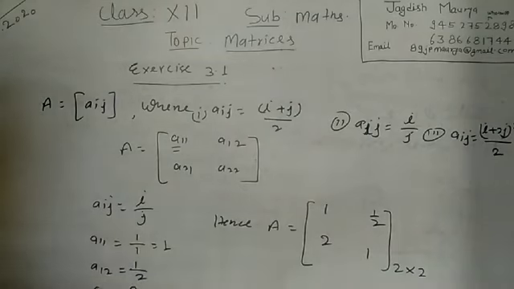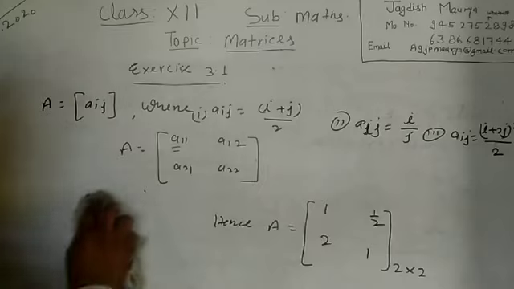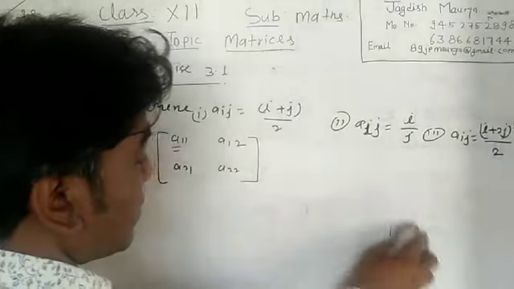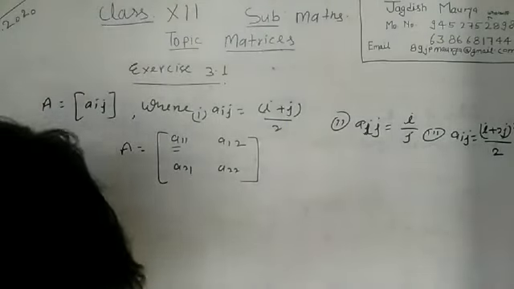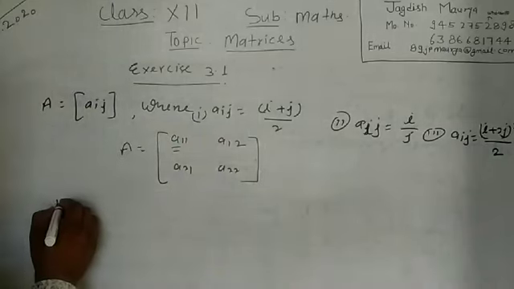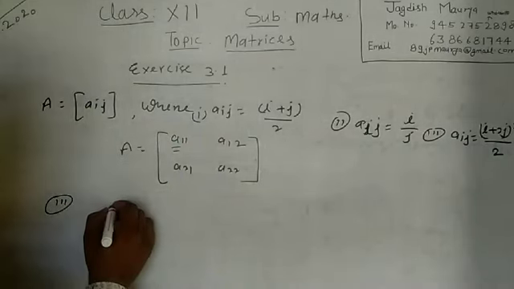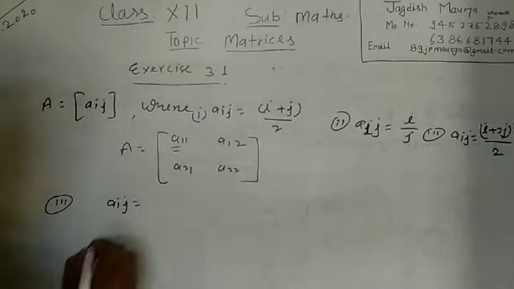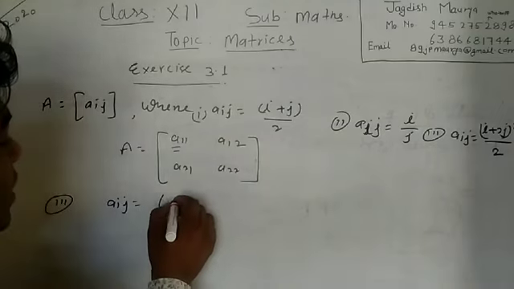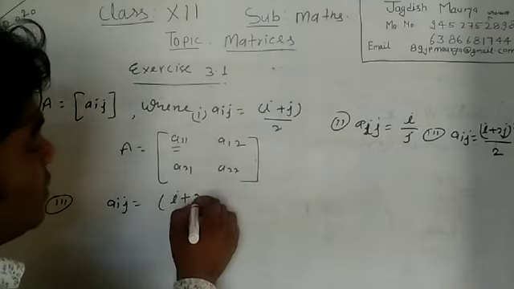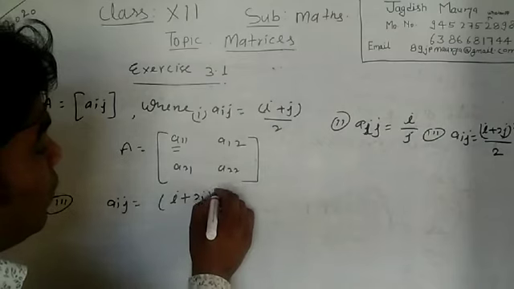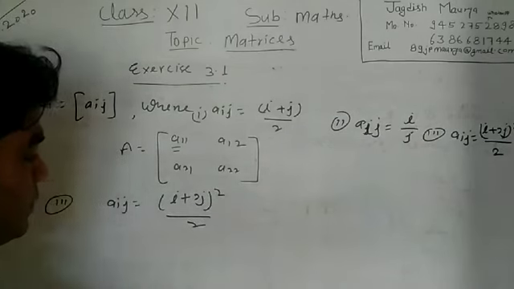Third, it is given that Aij equal to (i plus 2j) whole square upon 2.